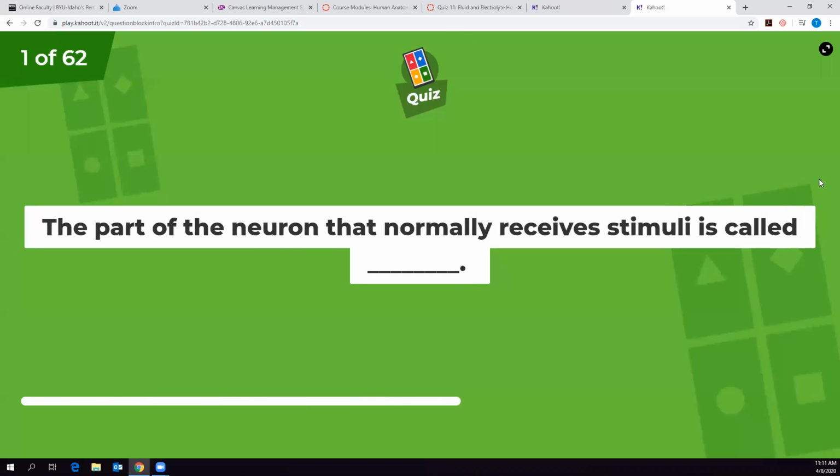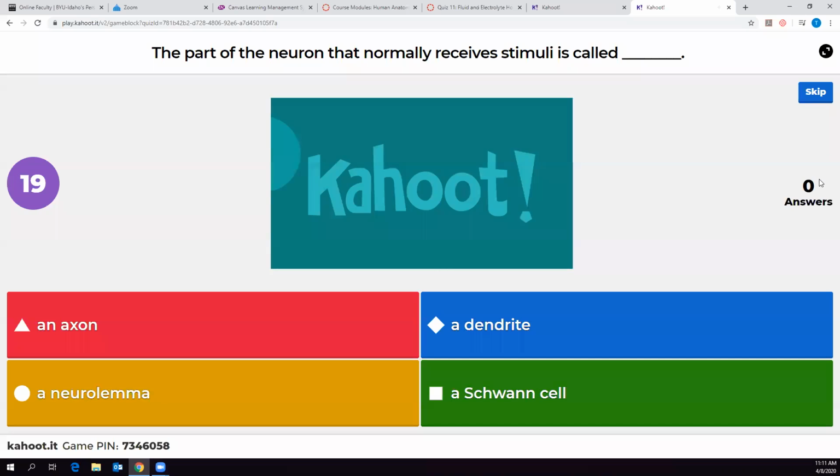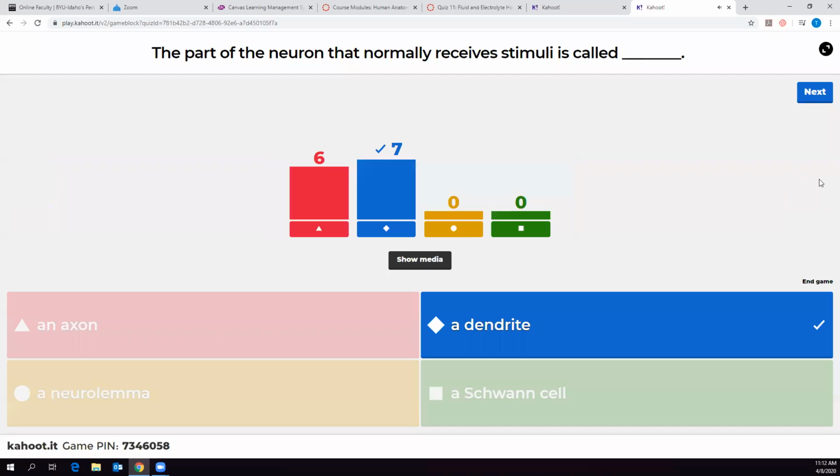All right, so what part of the neuron normally receives the stimuli? Okay, remember the incoming stimulus comes into a dendrite.